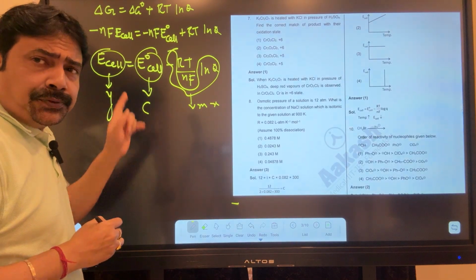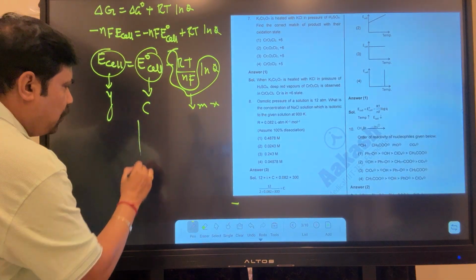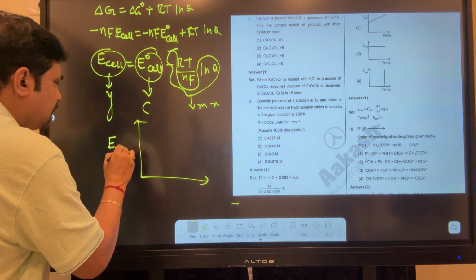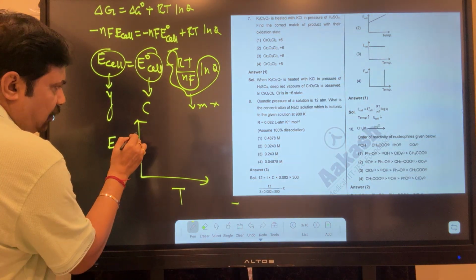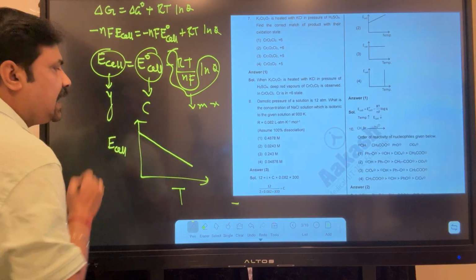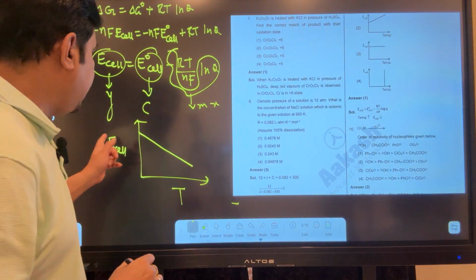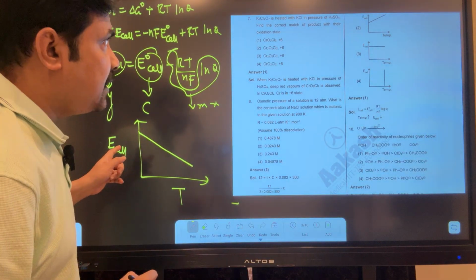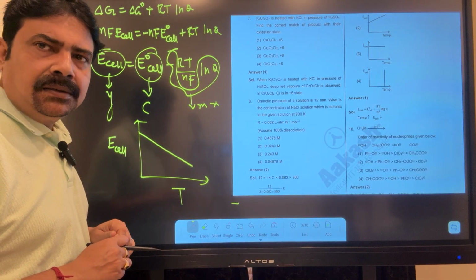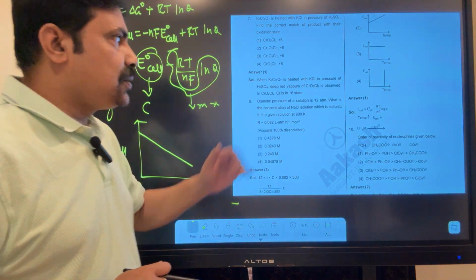The intercept is positive and the slope is negative. Then how will the plot be? Very simple. For E cell versus temperature, the y intercept is positive and the slope is negative, so the plot will be like this. That will be your answer. Is the point clear? Okay, come to the next question.